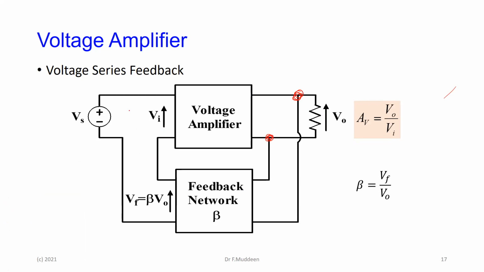Now it's negative feedback, so the voltage has to go this way. Notice the arrow and the sign. So the feedback voltage subtracts, so that V in is Vs minus the feedback voltage. Make sure you're following what I'm doing, okay?